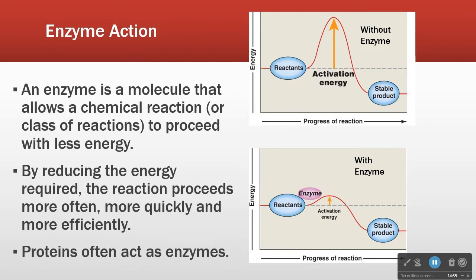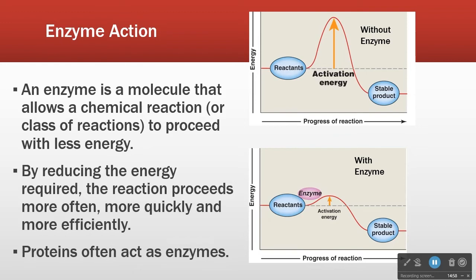So in our top example, we go from reactants to products, and it's true of most reactions, we have to put a bunch of energy in. Well, that energy input, that activation energy, is going to be your limiting factor on how quickly this reaction occurs.